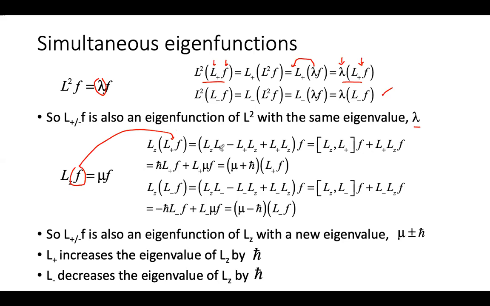That would mean Lz on the raising operator, minus the raising operator Lz. Okay, what did I do right there? And then I get the raising operator times Lz. So what have I done?